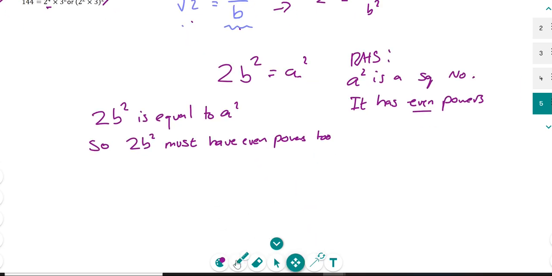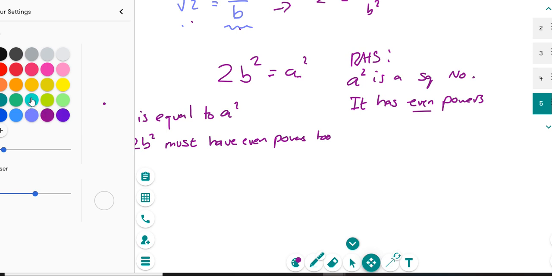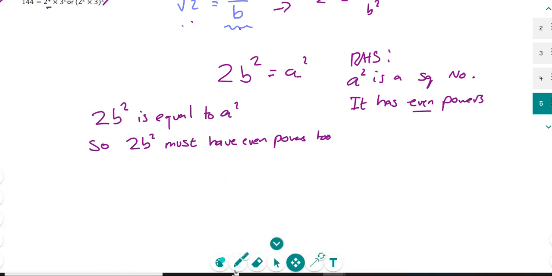There is a problem with this, however. This all seems fine so far, but if we notice that inside 2b squared is b squared, this is a problem. b squared is also a square number, so b squared has even powers as well.